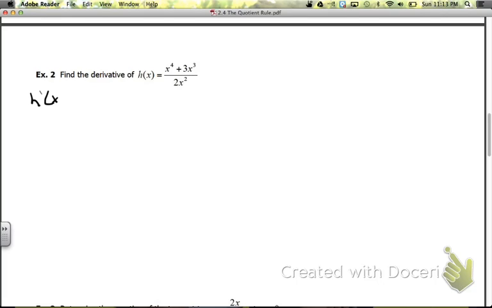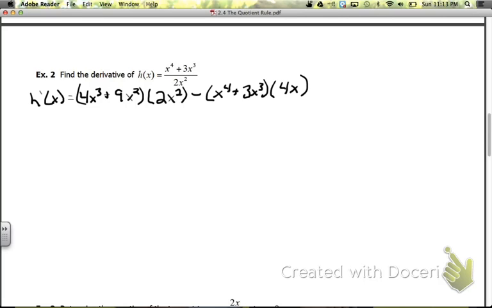So h prime of x is equal to the derivative of our f of x, so 4x cubed plus 9x squared times our g of x, 2x squared, minus our f of x, x to the power of 4 plus 3x cubed, times the derivative of our g of x, so 4x, all over our g of x squared, so 2x squared all squared.